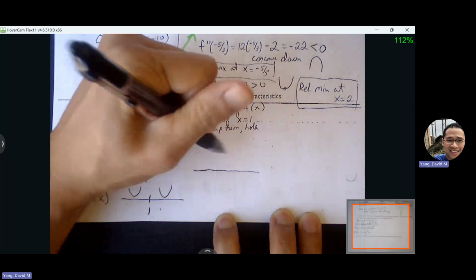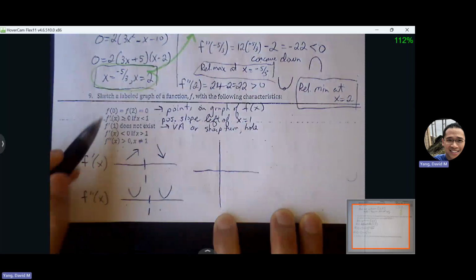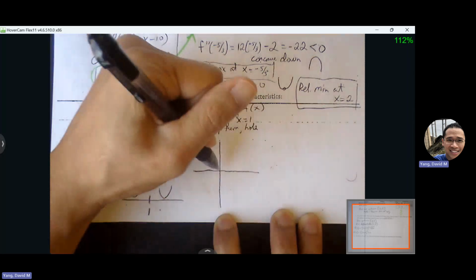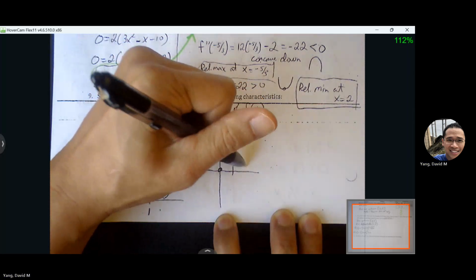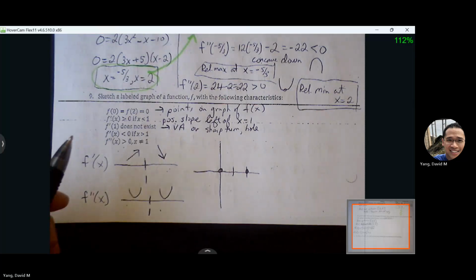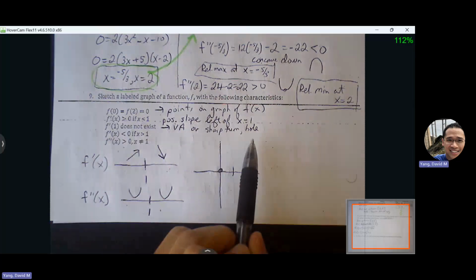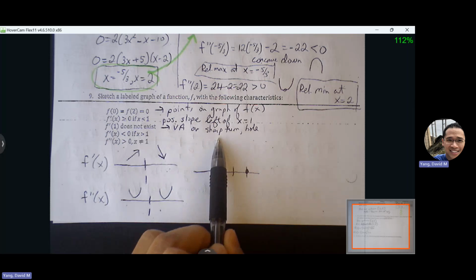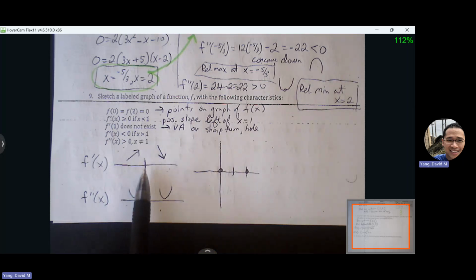Let's start off with ordered pairs because they do provide us ordered pairs. So there's an ordered pair at 0, 0, and an ordered pair at 2, 0. So let's treat this like it's a sharp turn. I'll also do the graph for vertical asymptote, but let's just say that it's a sharp turn. What would you expect at 1? There's a what here, based off the arrows?